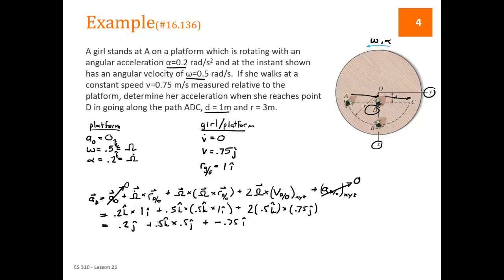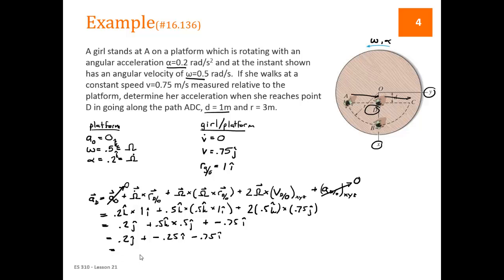Then we're going to do this last cross product, so we have 0.2 j hat plus 0.5 k hat crossed with 0.5 j hat, so positive k hat crossed into positive j hat gives us negative i hat, and 0.5 times 0.5 is 0.25 i hat minus 0.75 i hat.